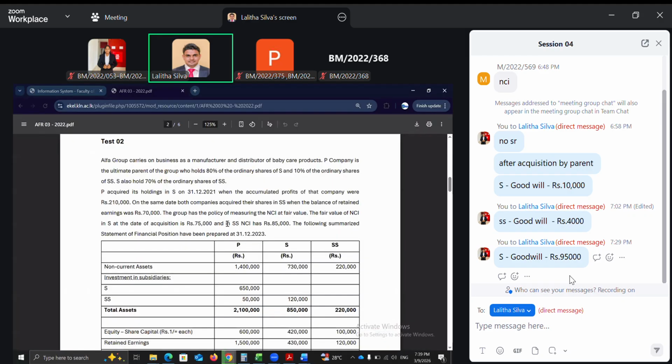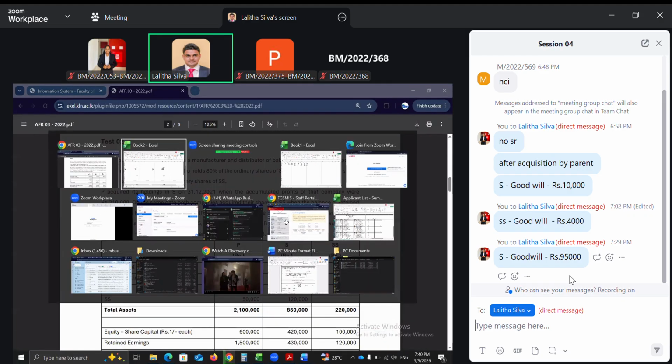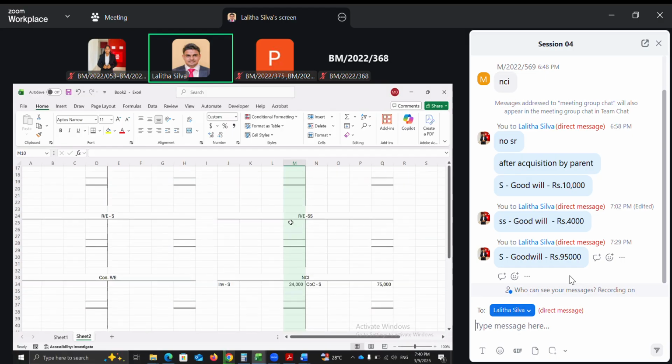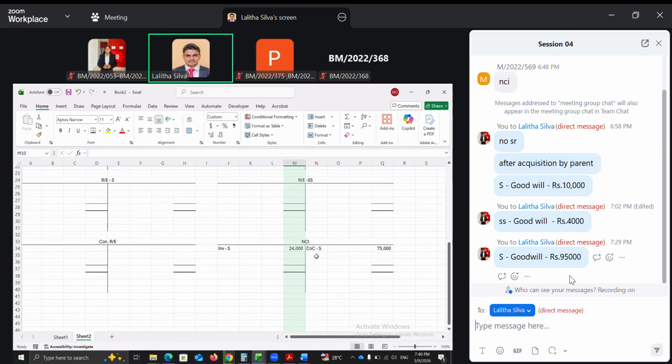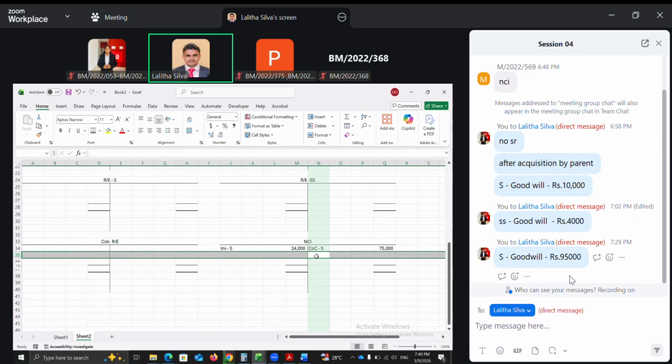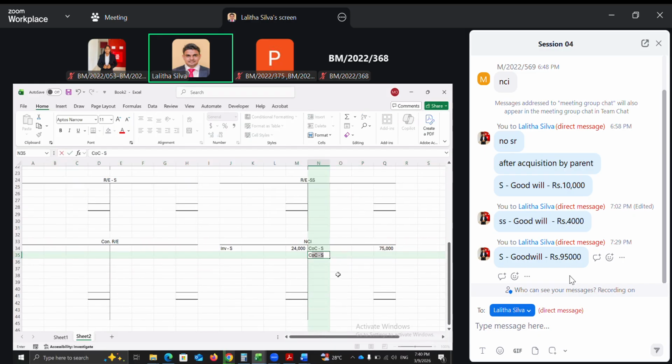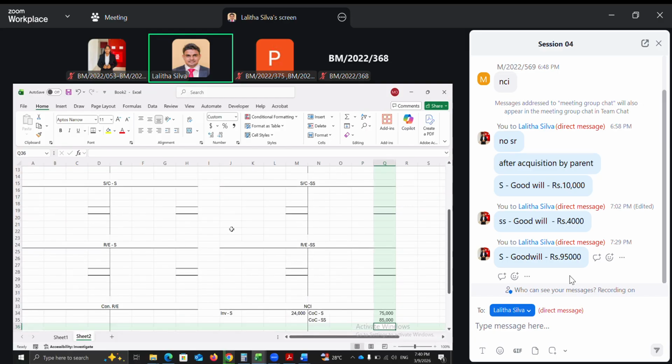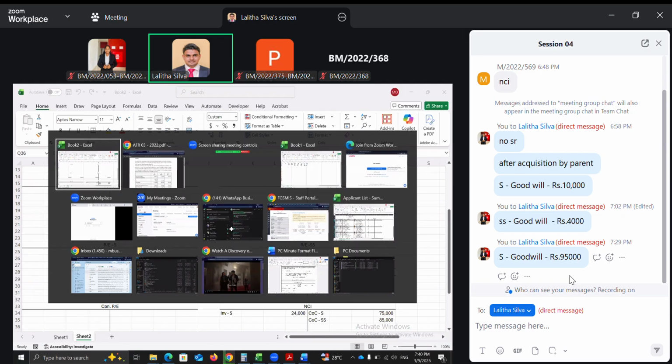And the fair value of the NCI of SS, 85,000. COC debit, NCI credit, $85,000.